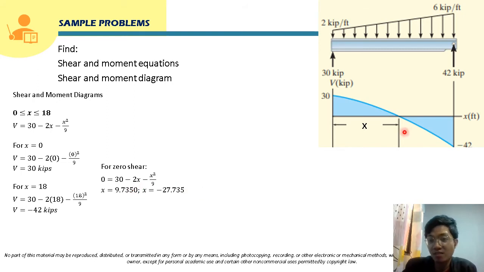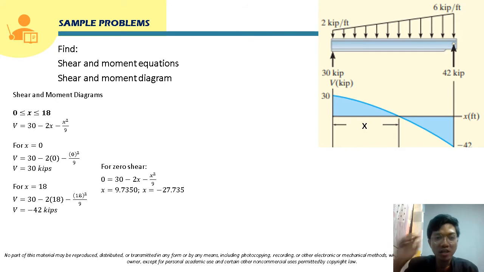There is no negative distance. So instead, we are going to use the positive value, x equal to 9.7350. This is the distance x, the location of the zero shear.